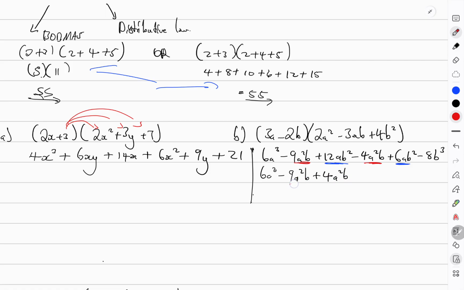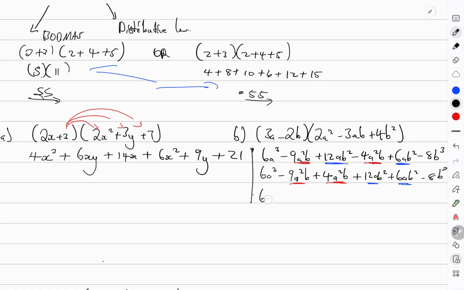They are having the same power and the same variables, right? Therefore, I'm going to group the positive 12ab squared with the 6ab squared. Therefore, this is the one that are having a blue marker. Therefore, I'm going to have minus 8b to the power of 3, right?